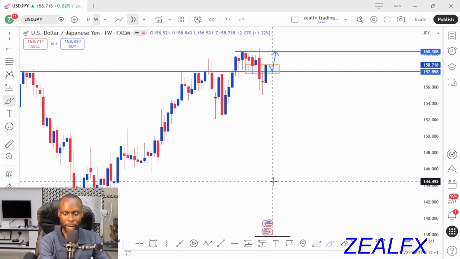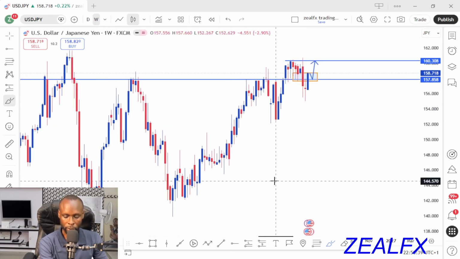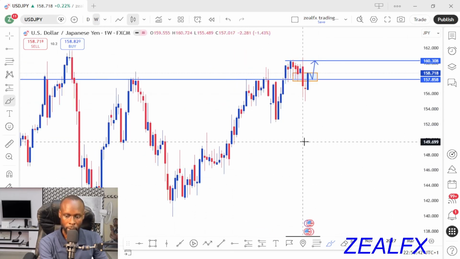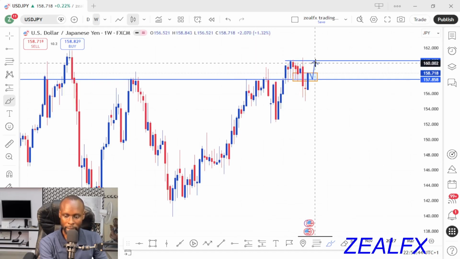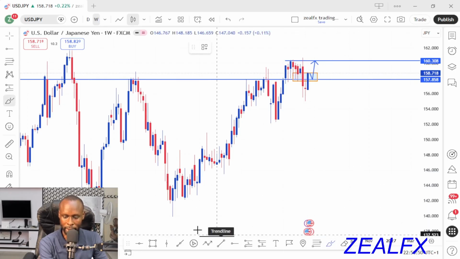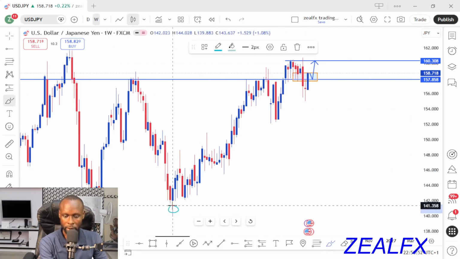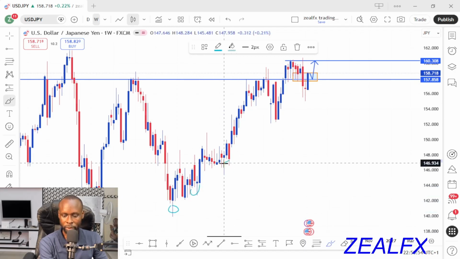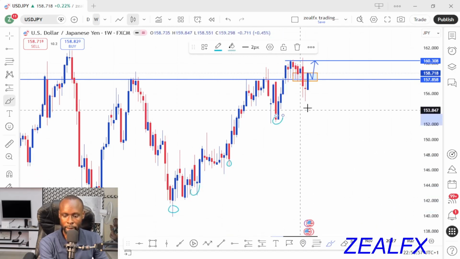On my weekly time frame, let's look at the trend of the USDJPY. We can clearly see that we have a strong bullish method on the USDJPY, which is price creating a series of higher lows.